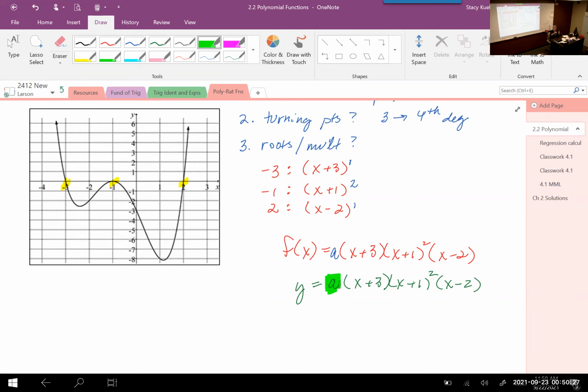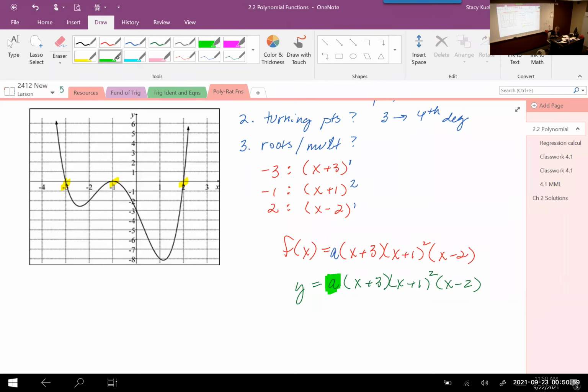Well, I can pick a point off of my graph that's represented by the x and the y, and I can plug it into the function because then that eliminates all the variables except A. Any point on the graph would work, because any point on the graph makes the left-hand side equal the right-hand side if I plug it into the equation.